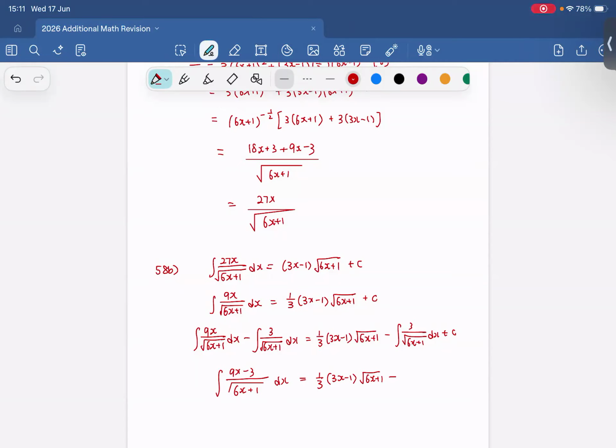If you don't know how to integrate, change it to index form. This is actually 6x plus 1 to the power of negative half.